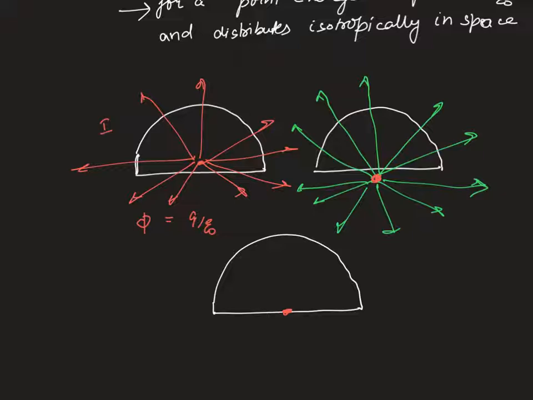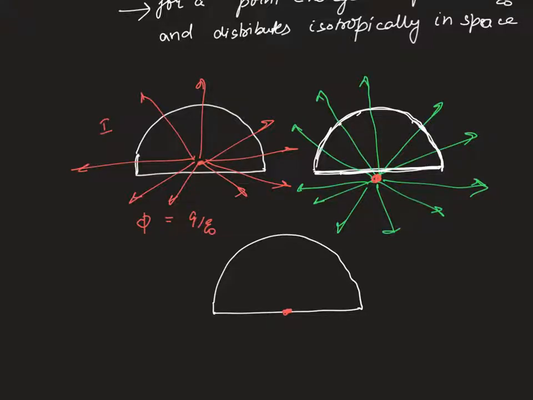So we shall see that 5 field lines enter the hemisphere at these points. You can see these points. Let me mark them in white again. All these field lines enter the hemisphere at this surface, and they leave the hemisphere at the curved surface.